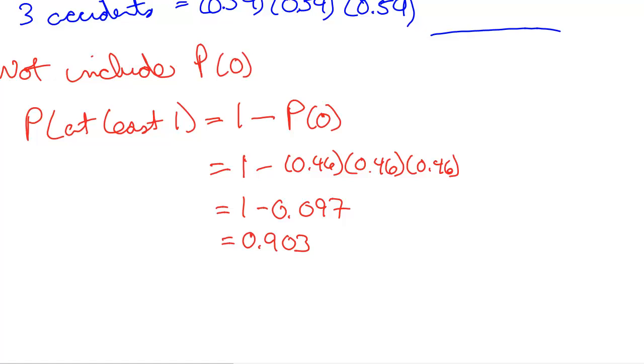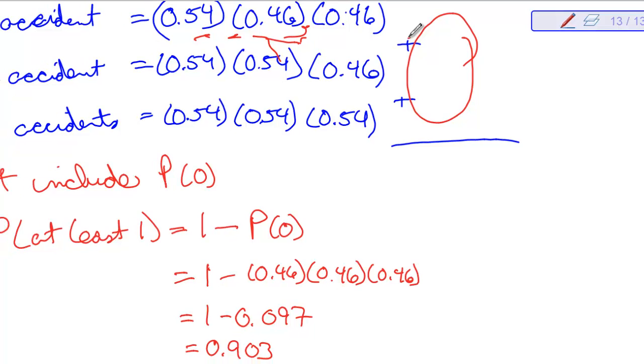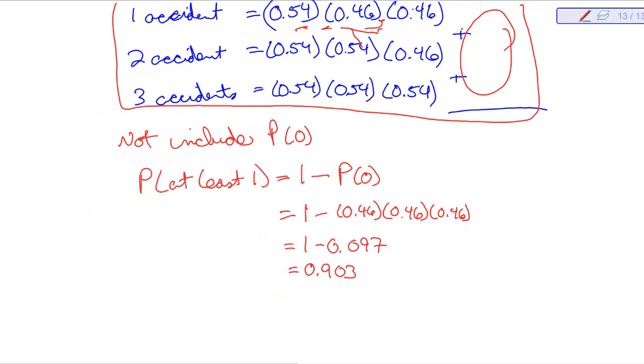Again, I could do the previous way of trying to add these things up. It doesn't come out the same because we don't know exactly what's happening to some of these, and we also have to include, is it the first accident or is it the second accident? And so there's different ways of including it. So this way right here, not real smart, not very wise.